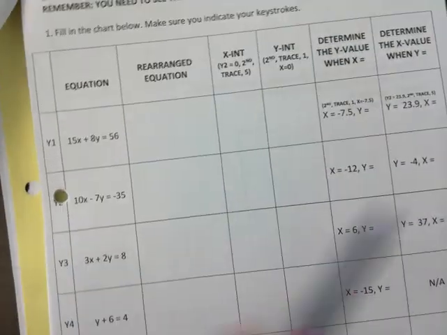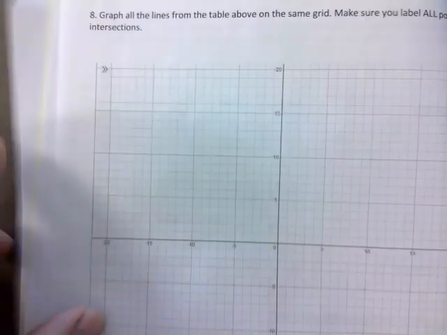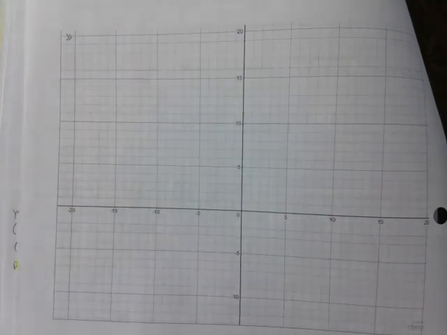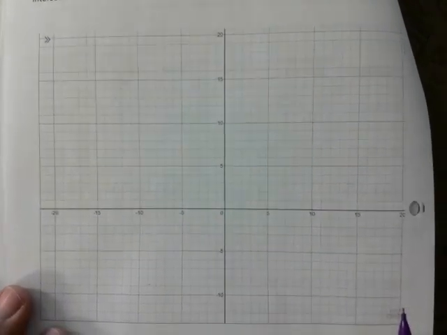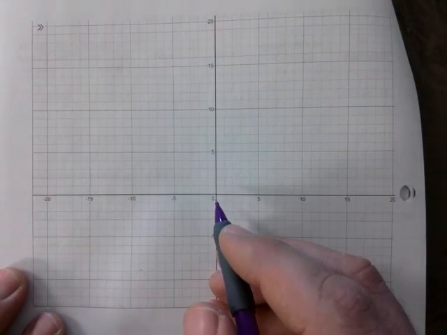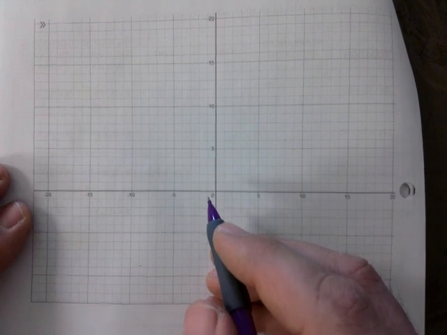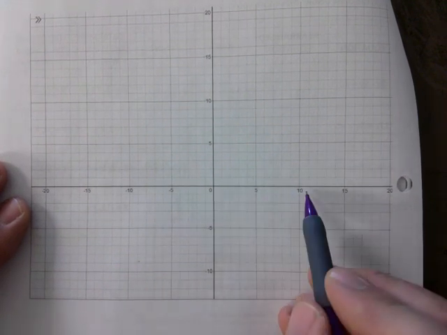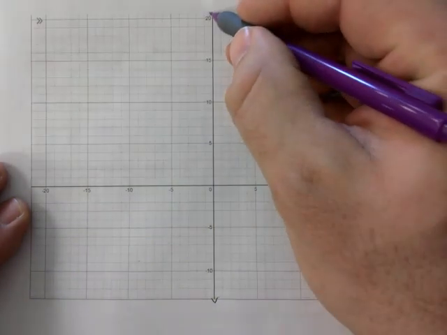Let's go and graph this. And I know, I wish I would have set it up in such a way that the graph is right next to the points we just found. So I'm going to help you out. The very first line is (10, 0), (0, -6). Hey, I gave you numbers, so we don't even need to worry about the scale.